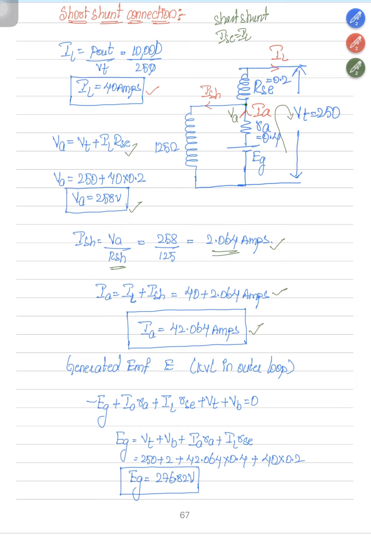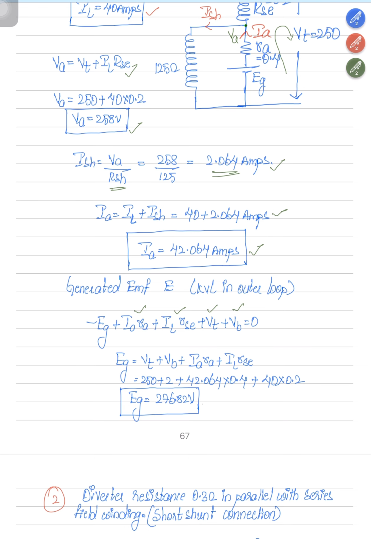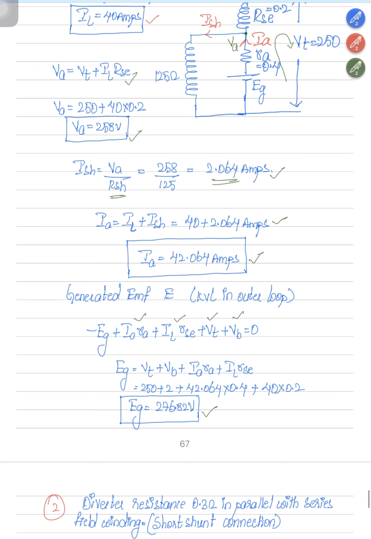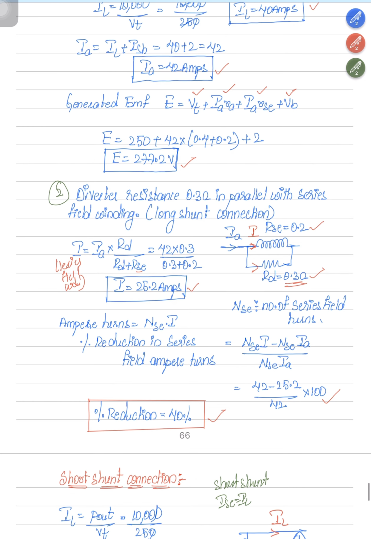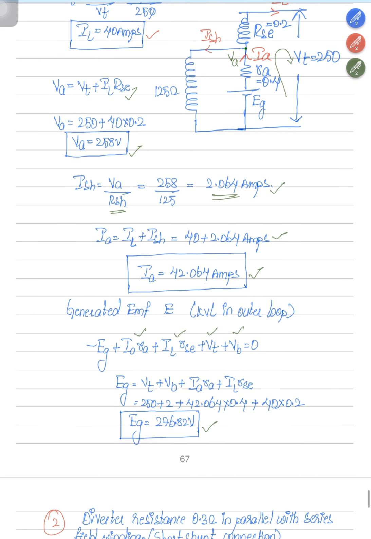Minus EG, the generated EMF, plus IA RA, the armature resistance drop, plus IL RSC, the series field resistance drop, where VT is the terminal voltage and VB is the brush voltage. By substituting all the values in the short shunt connection, the generated EMF is 276.82 volts. In the long shunt connection, the generated EMF is 277.2 volts. It means in the short shunt connection, there will be a slightly lower induced EMF.